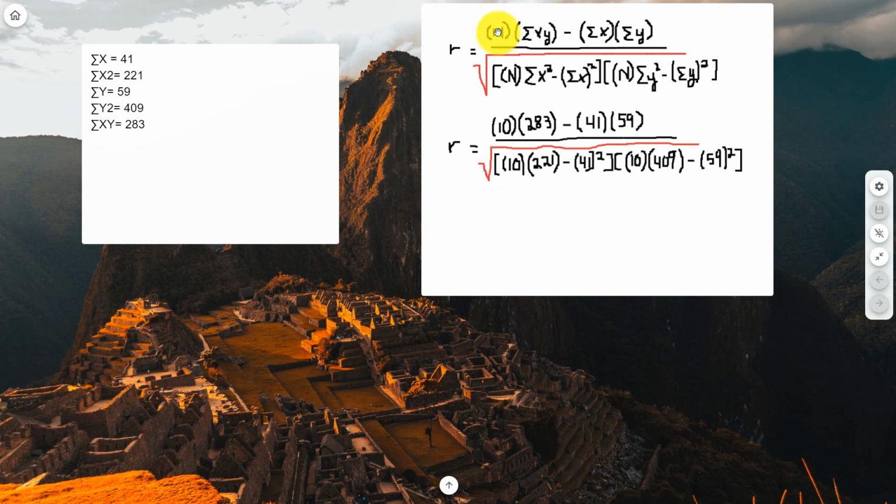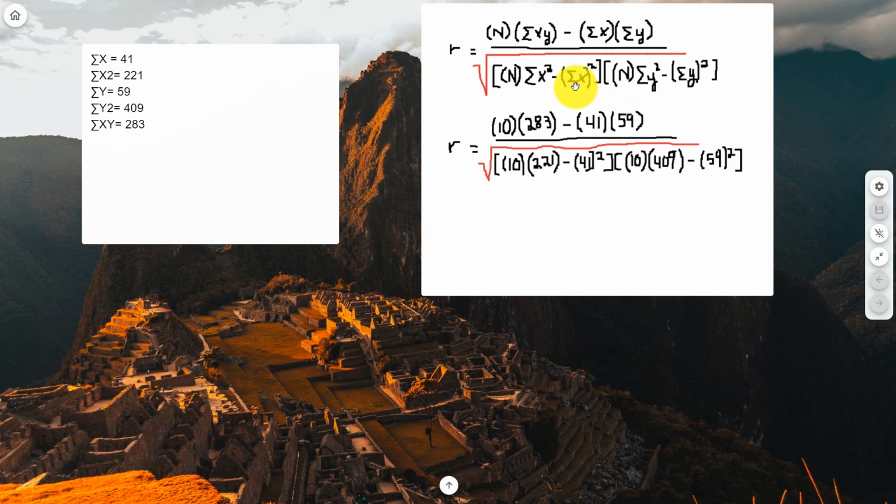Then for the sum of xy, which is the product of xy, you can see from our tabulations, 283, I plugged it in there. Then we see the sum of x is 41, so I put that there. Sum of y, I plug that in at 59 right there. Then for the sum of x squared, 221 goes there.